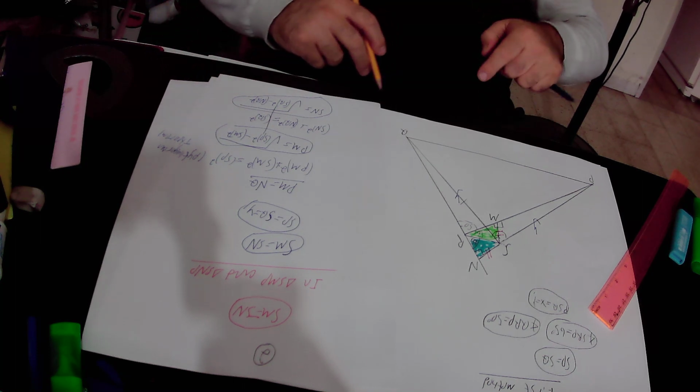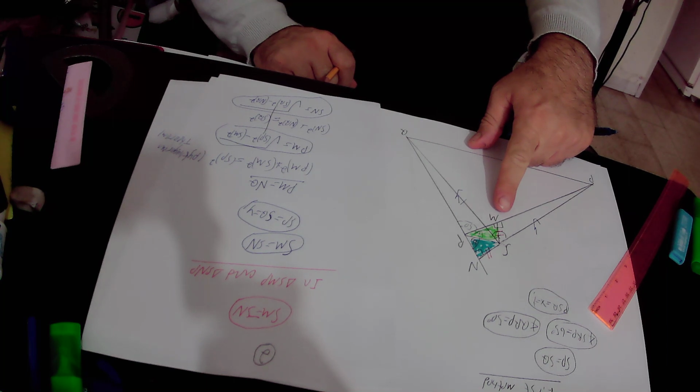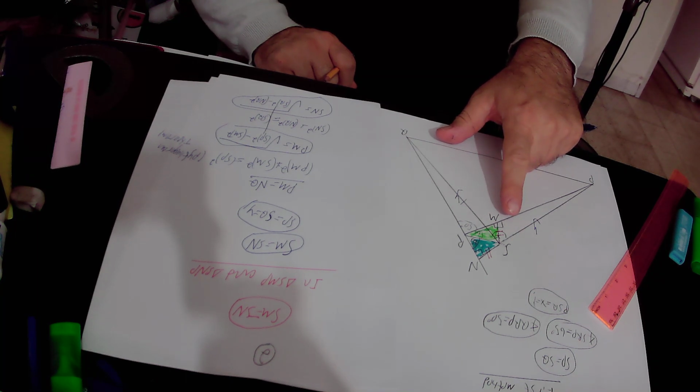Again here, SN square plus NQ square equals SQ square.